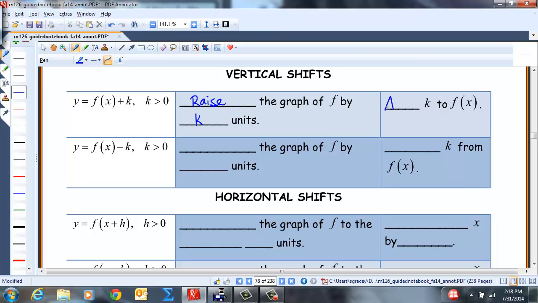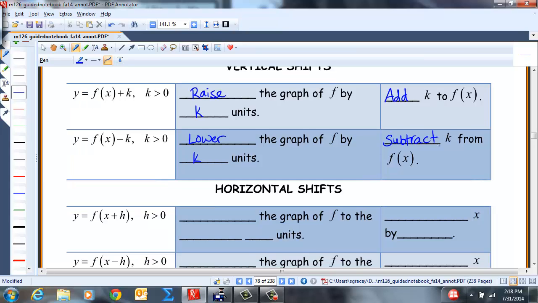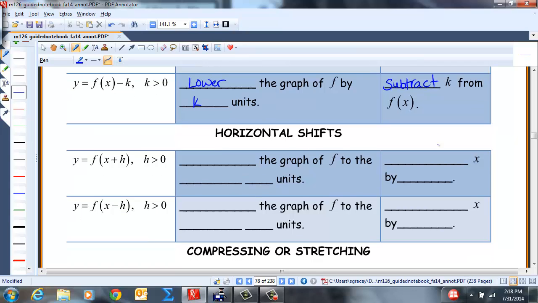So basically you add k to each function value. And conversely, if you're subtracting, you lower the graph of f by k units. So you subtract k from f of x. So each y value you would subtract k.